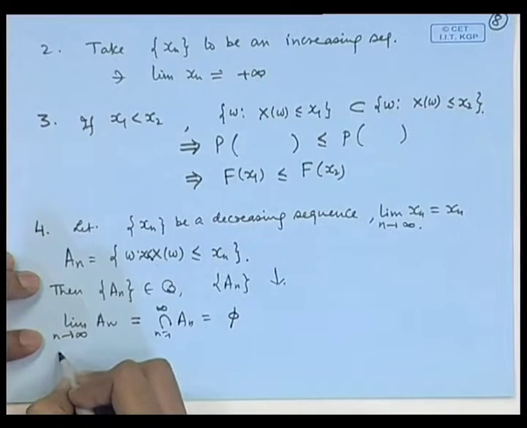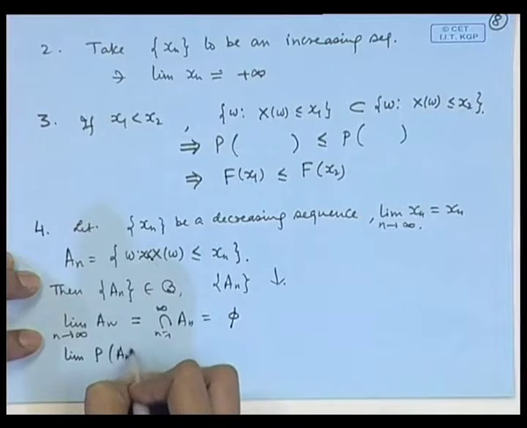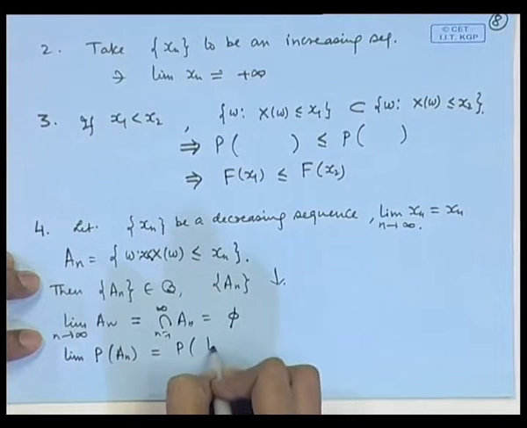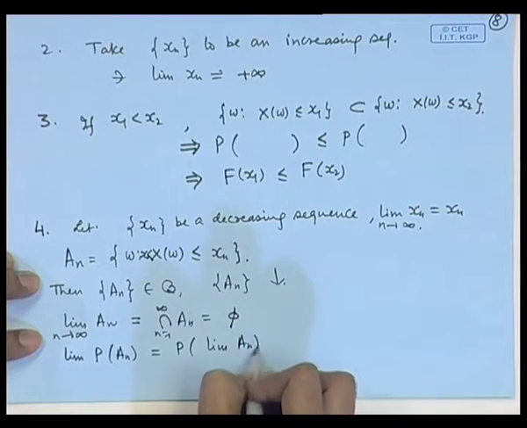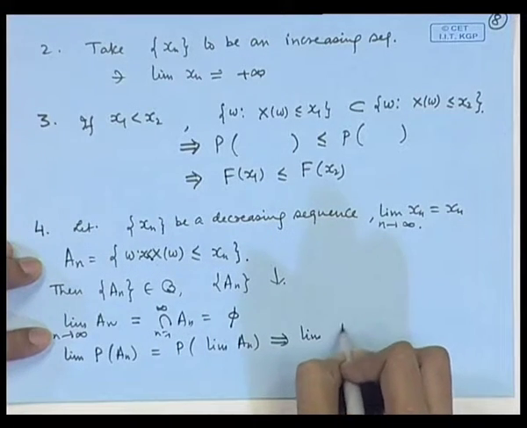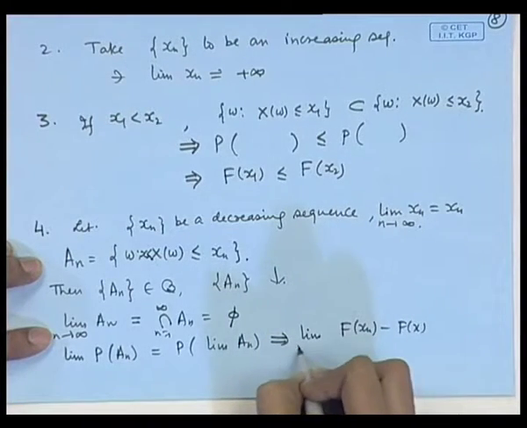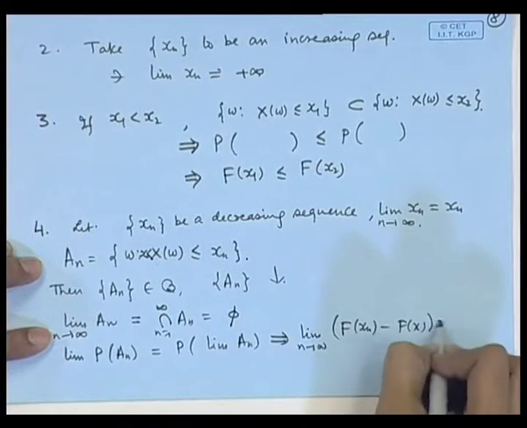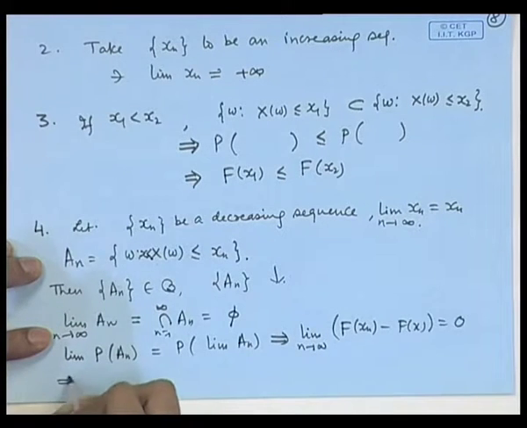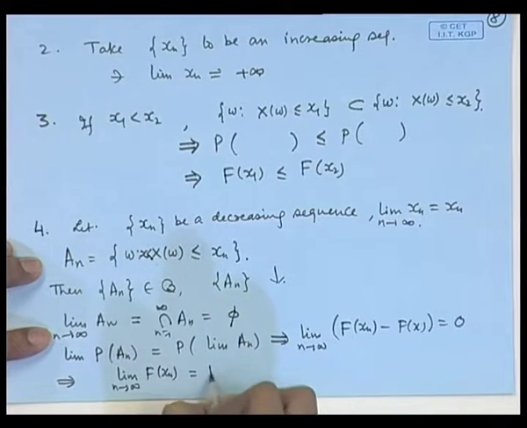So, if I take limit probability of A_n is equal to probability of limit of A_n, then this implies that limit of F(x_n) minus F(x) as n tends to infinity is equal to 0, which means limit of F(x_n) as n tends to infinity is F(x).